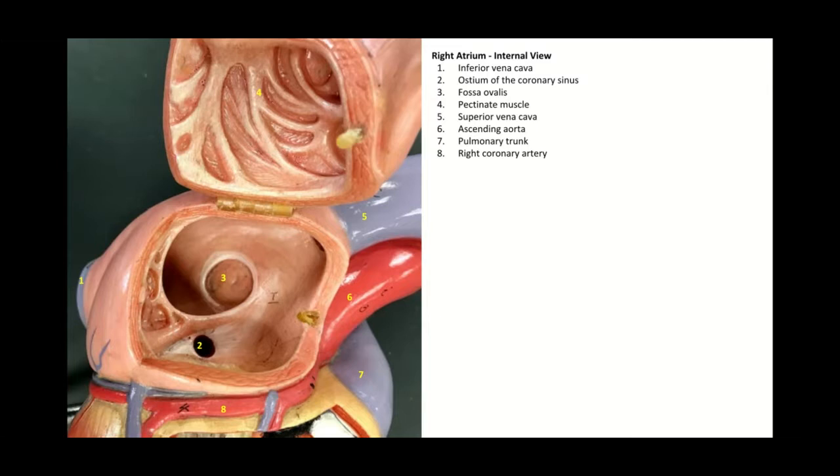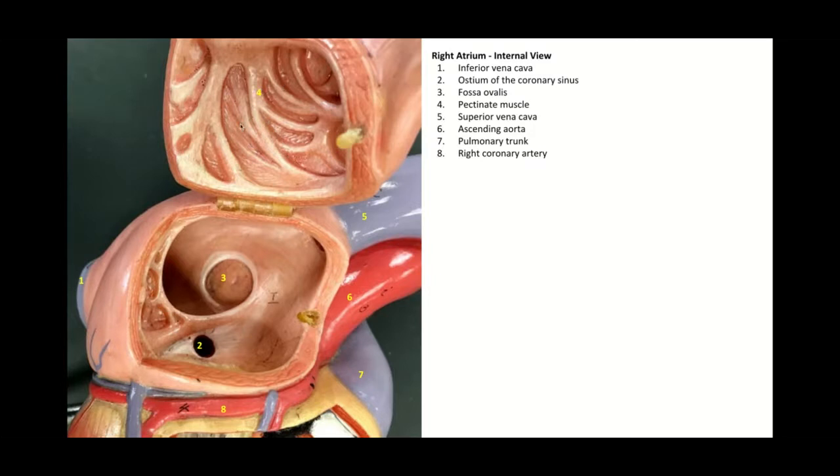Foramen means opening. I told you that we have a sac, which we call the auricle, and it's attached to the right atrium. This is our auricle, and inside this auricle, we have muscle ridges.